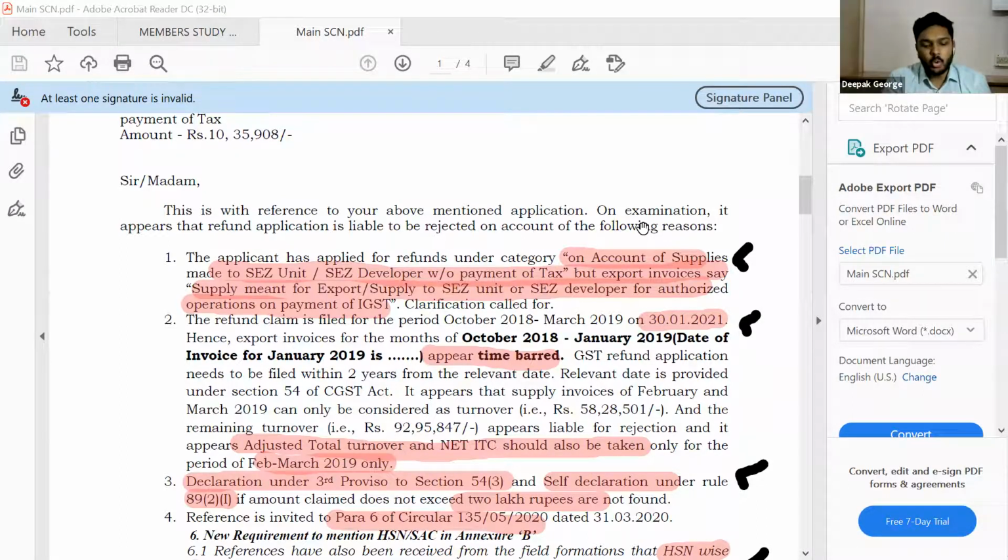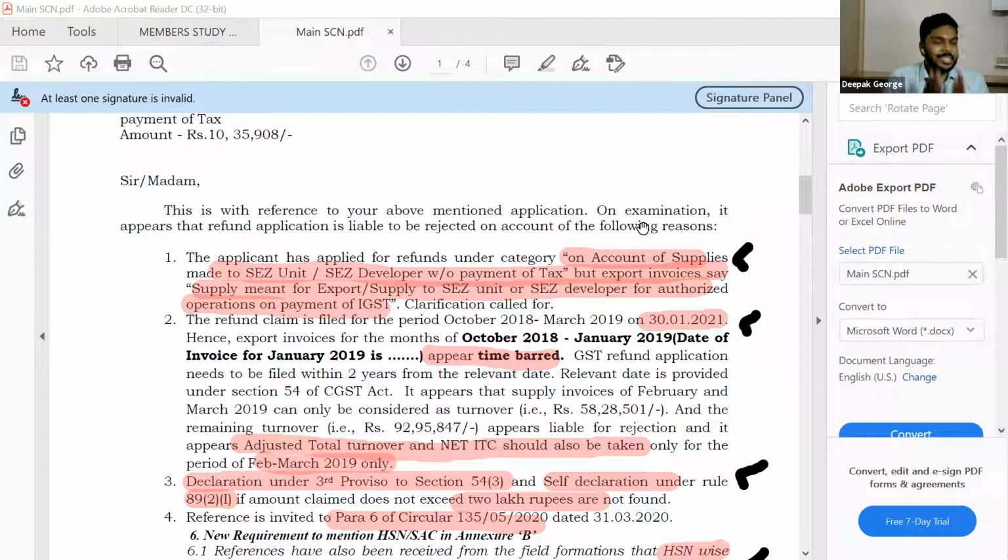So what happened? You have 2 years from the tax period for which you have to file GSTR 3B. If you are claiming a refund for October 2018, GSTR 3B of October 2018 is liable to be filed by 20th November 2018. 2 years from that date is November 2020, and we are sitting right now on 30th Jan 2021.